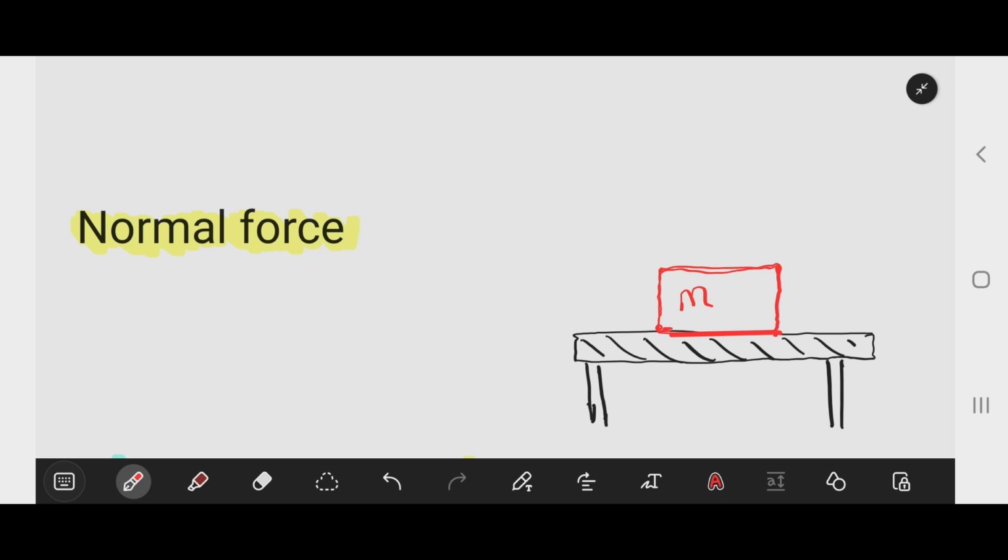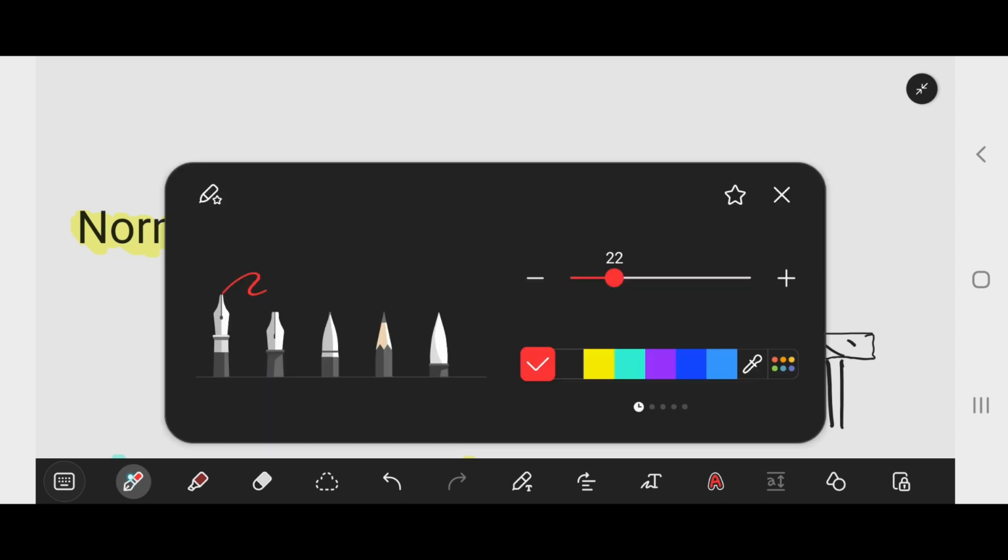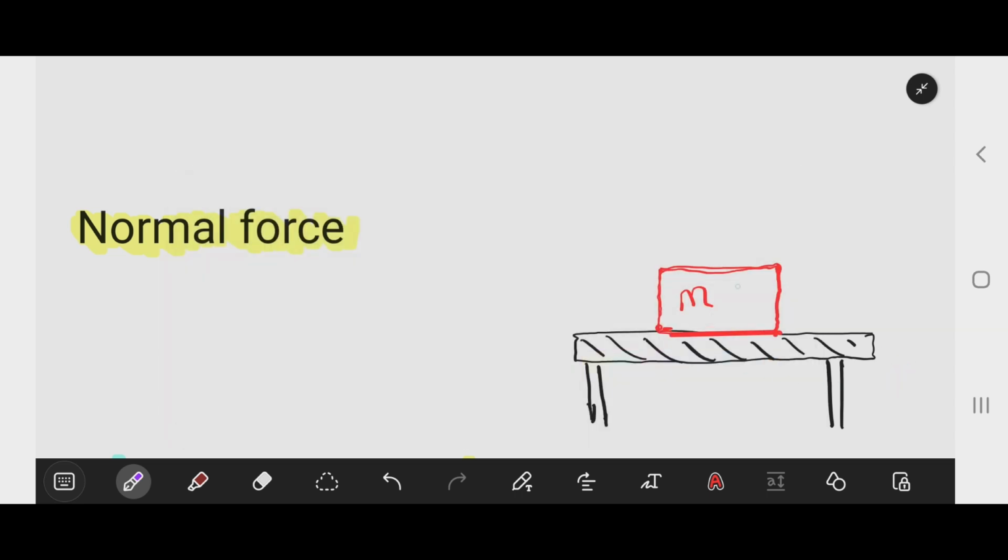Okay, so the surface of the table will exert a force on this object, right? But before that, this object has a mass of magnitude m, so it has a gravitational force which is acting downwards.